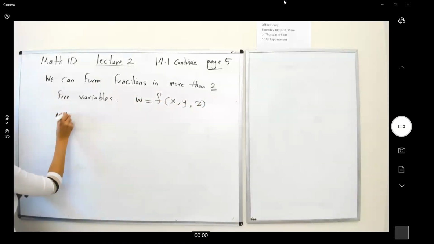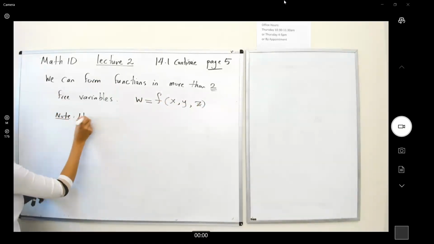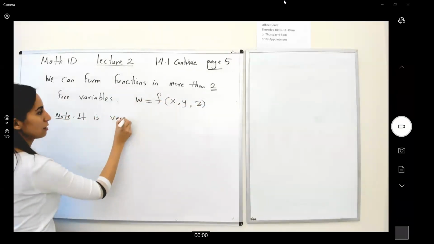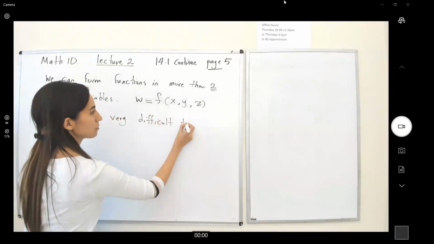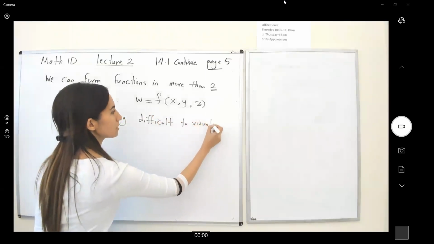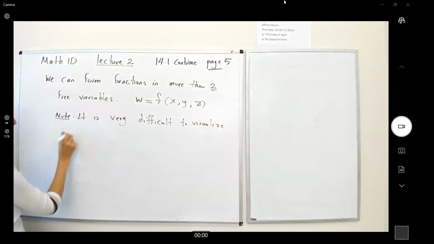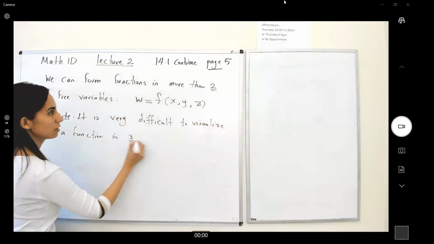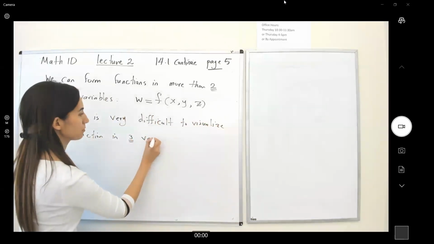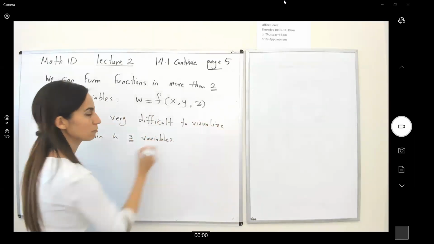Note that it is very difficult to visualize a function in 3 variables. Why is that?